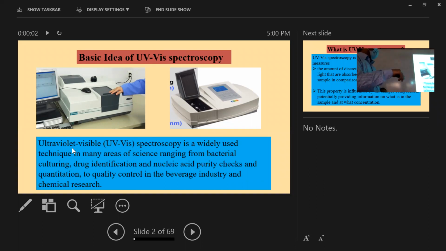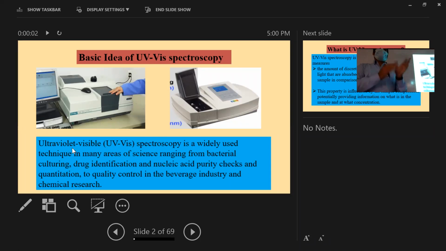Ultraviolet spectroscopy, or ultraviolet visible, UV and then visible. So we will use these two lights. Normally we can see only the visible region. In the last class I mentioned around 450, but actually we can see a little bit larger, 390 to 780.